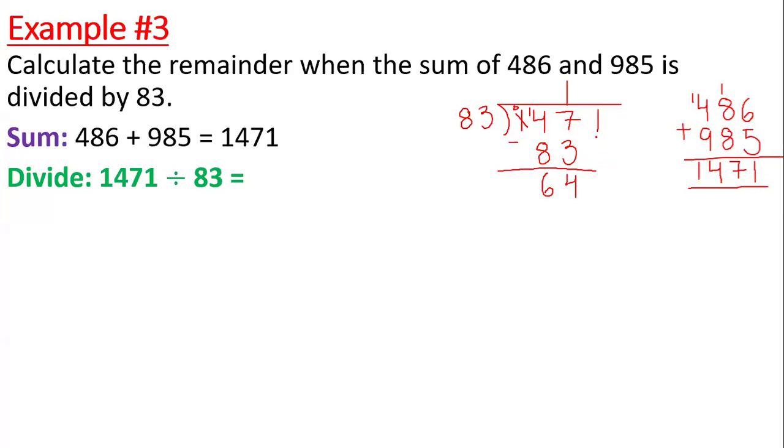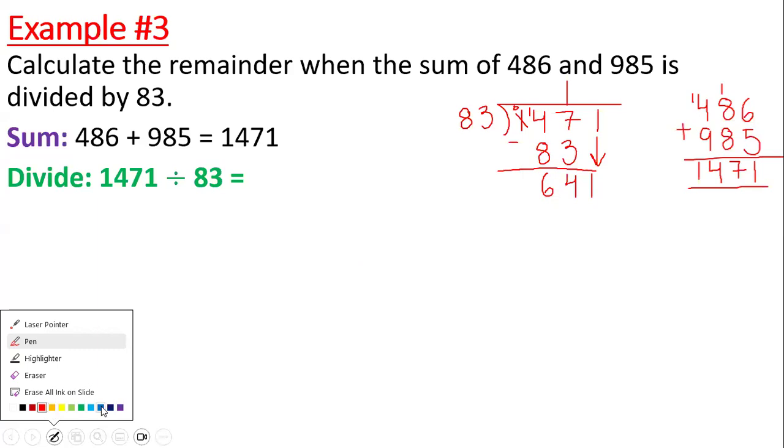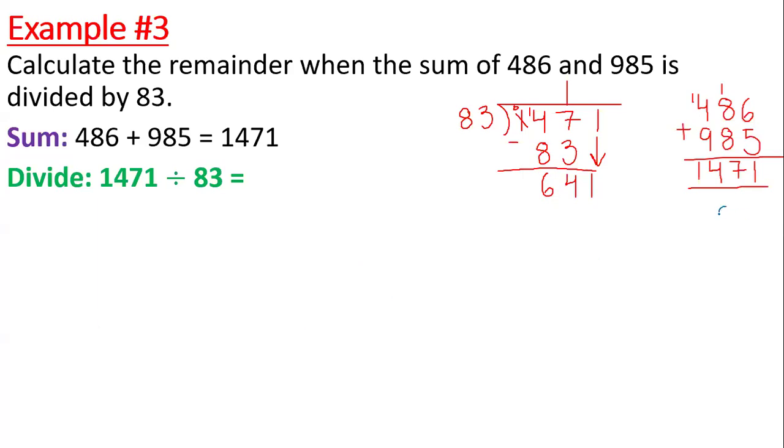We bring down the what? 1. Bring down the 1. How many times does 83 go into 641? 7 times. So 83 times 7. We could try 1, then 2, then 3, then 4, then 5, but we know it's 7. 7 times 3 is what? 21.